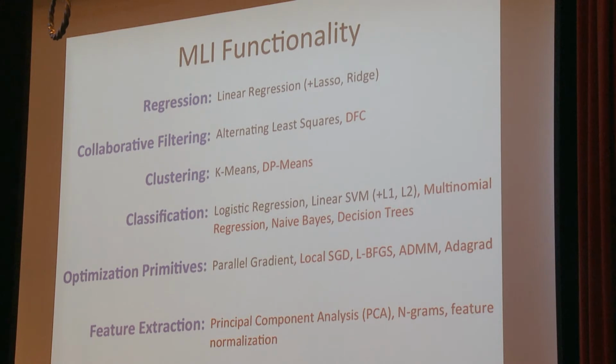Within MLI, we have either implemented or plan to in the very short future, or have in active development, some additional algorithms, and importantly, additional optimization primitives, as well as feature extractors, built mostly for text, but also PCA for dimensionality reduction, and some tools for model evaluation, so cross-validation and in-sample and out-of-sample test error.